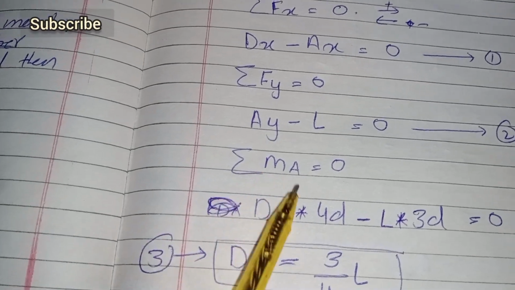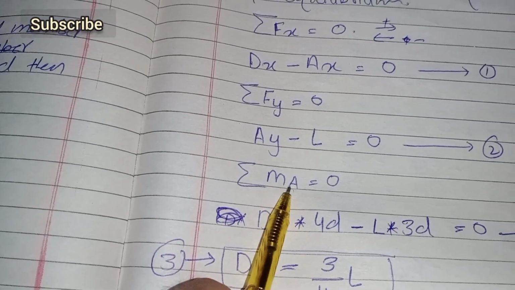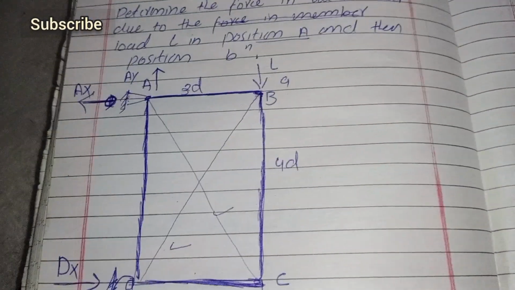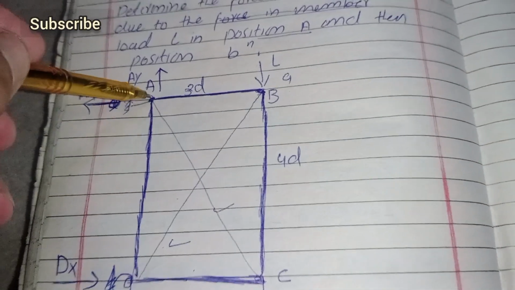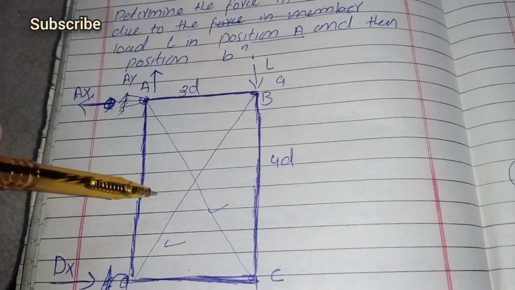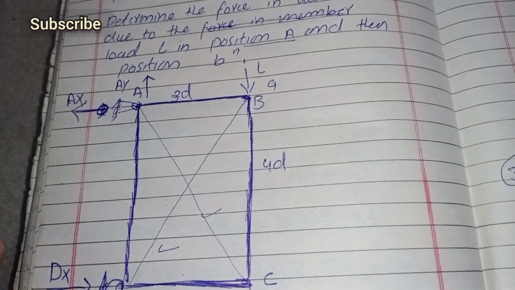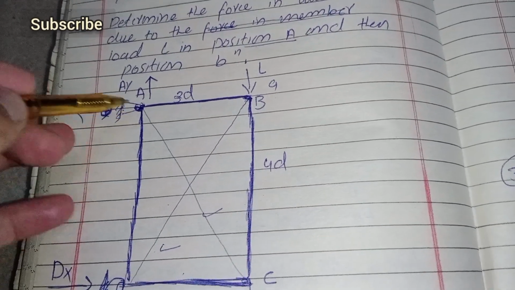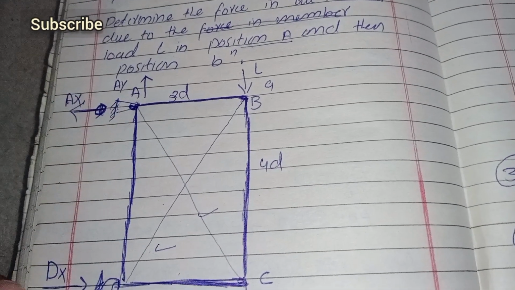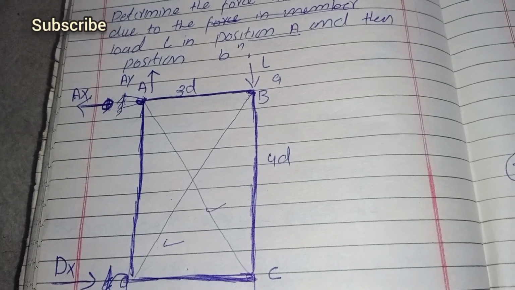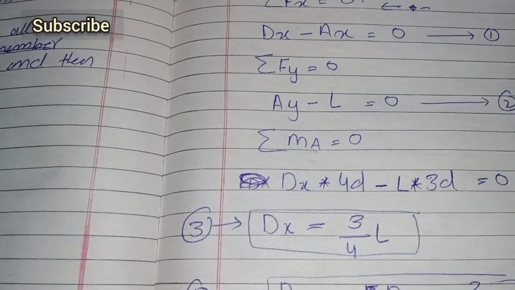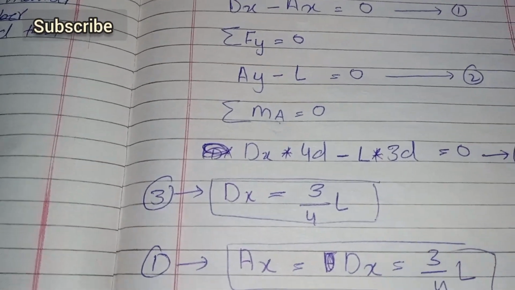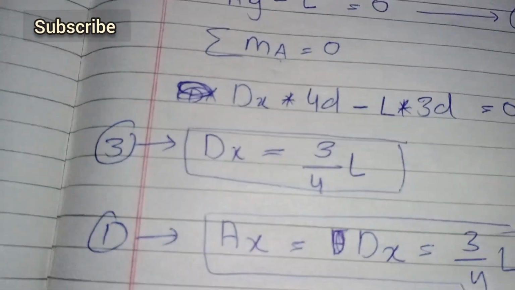Let's say the summation of all moments at point A equals 0. I fix point A. You can fix any point in this truss, but it is easy for us to fix point A to find moments. Moment equals R times F, distance times force.